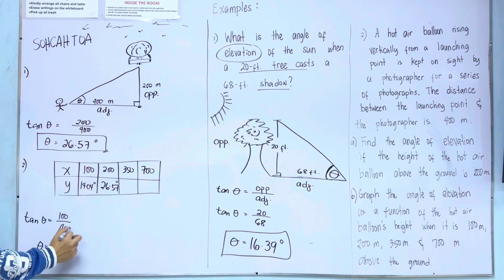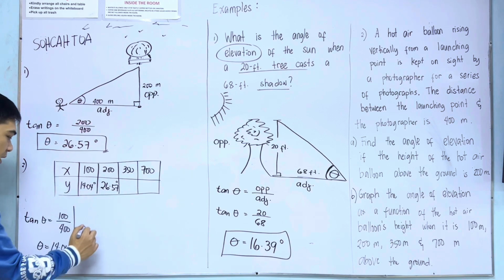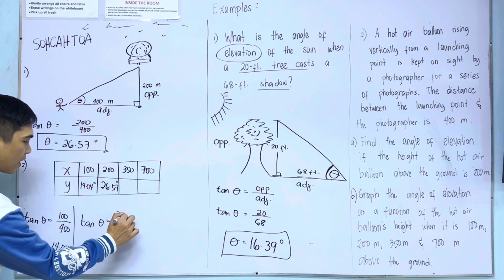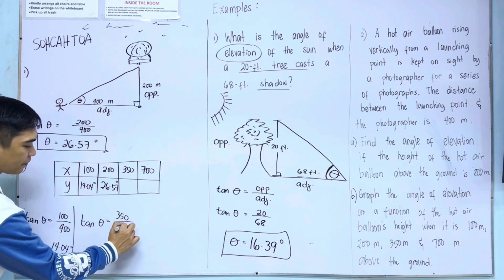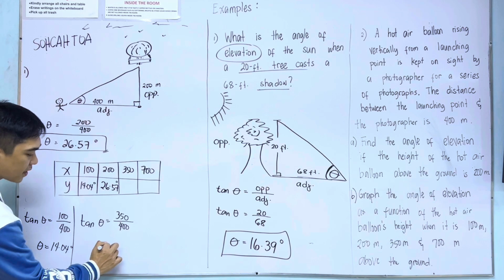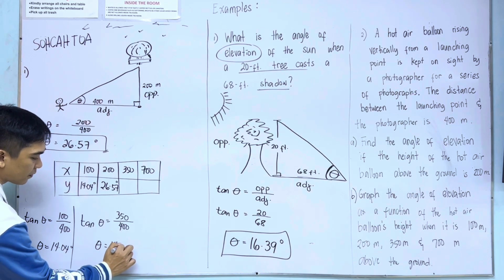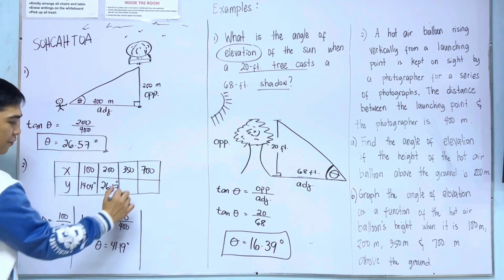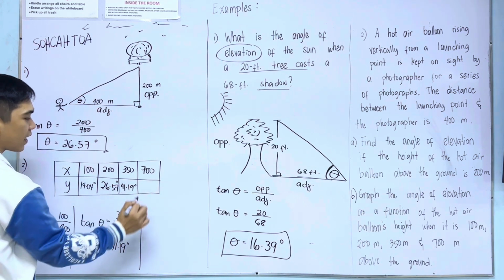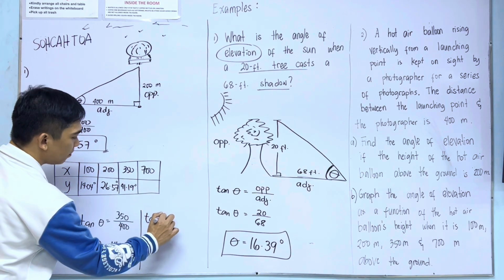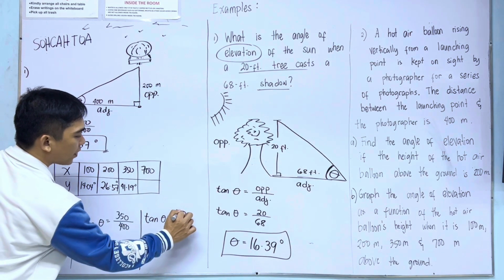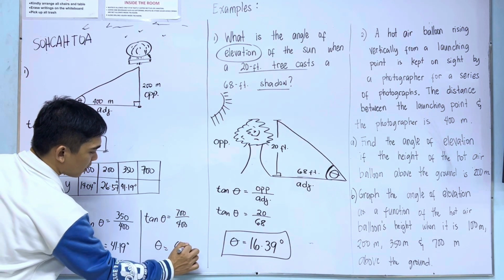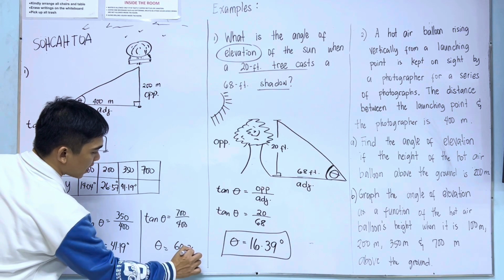Kapag 350, 350 over 400, so theta is equal to 41.19. And lastly, 700 over 400, 60.26.